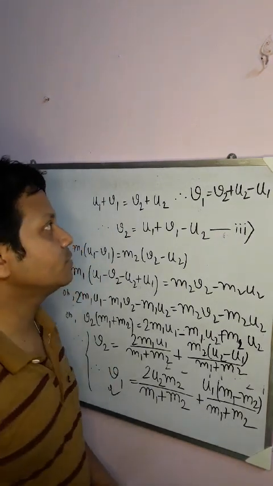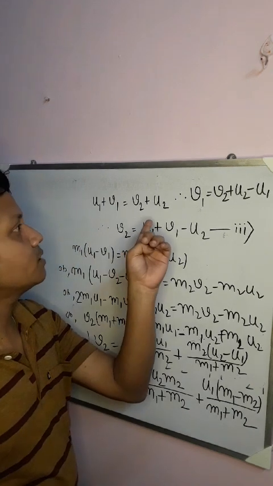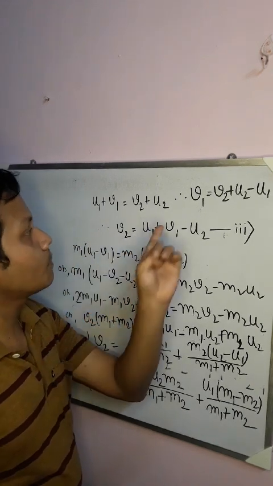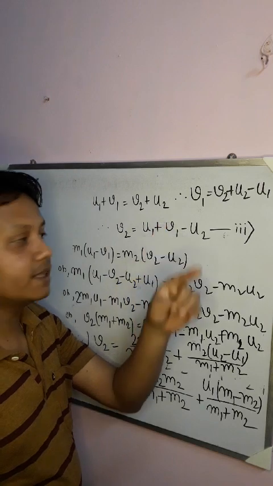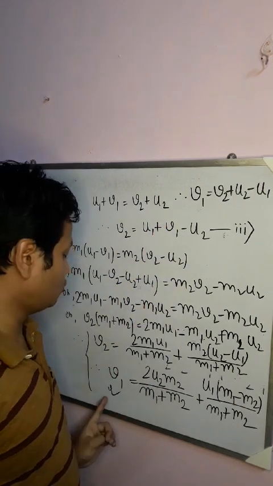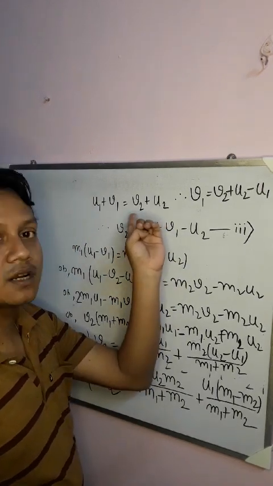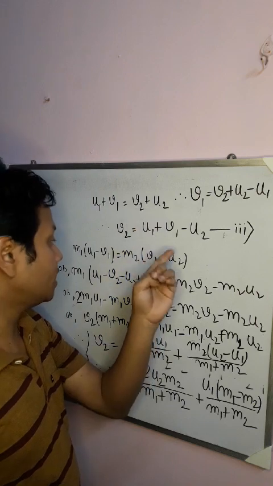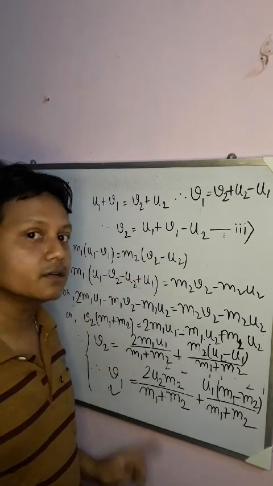Okay, so simply from this equation we find v1 and then putting it in this equation we get v2. Similarly, from this equation by finding the value of v2 and putting it in this equation we get v1.